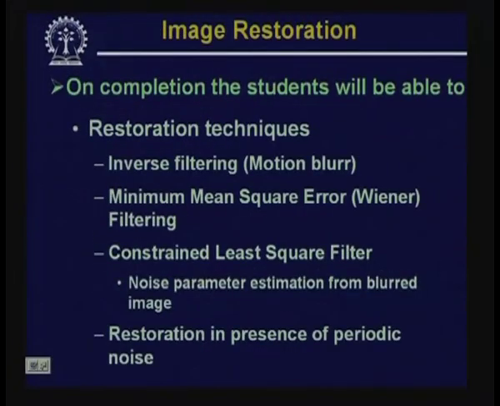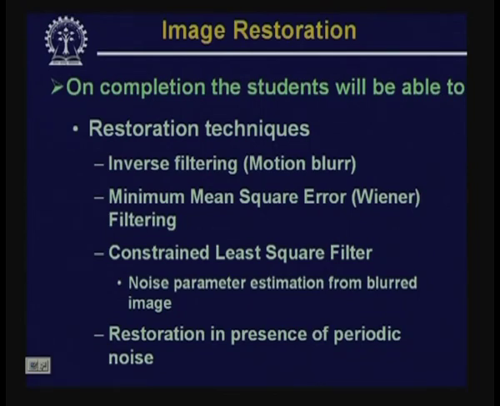In today's lecture we will see the restoration of the motion blurred image using the inverse filtering technique. In our last class we have seen inverse filtering where the image was degraded by the atmospheric turbulence model. We will also talk about the minimum mean square error or Wiener filtering approach for restoration of a degraded image.